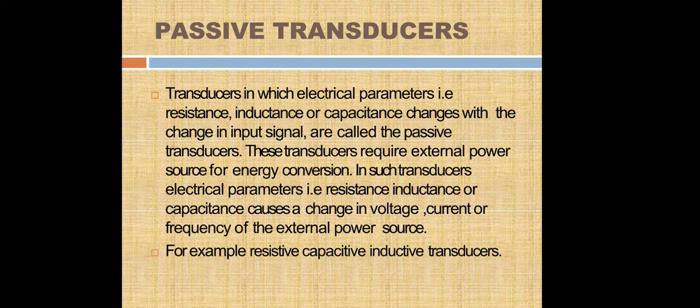These transducers require an external power source for any conversion. In such transducers, electrical parameters such as resistance, inductance, and capacitance cause change in voltage, current, or frequency of the external power source. For example, resistive, capacitive, and inductive transducers.